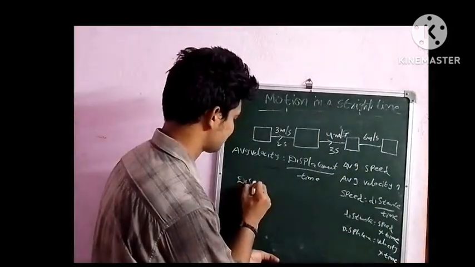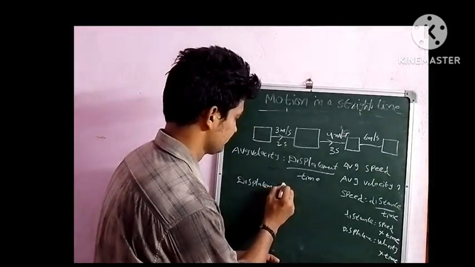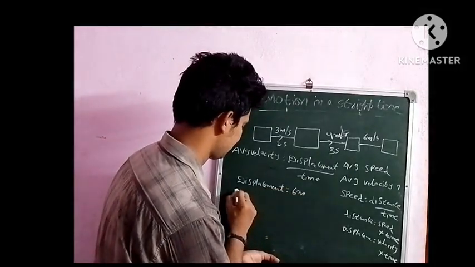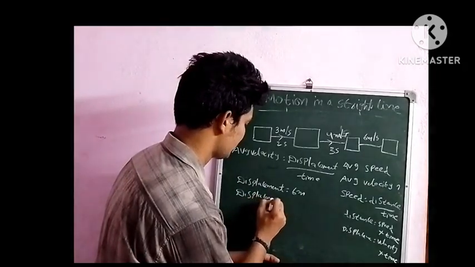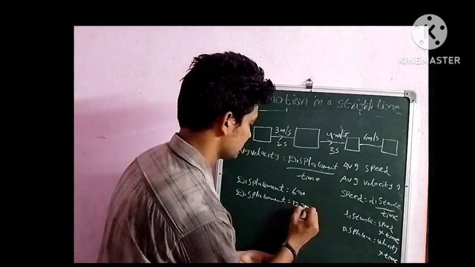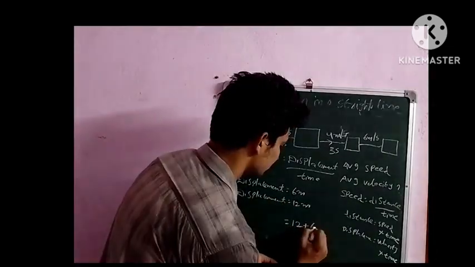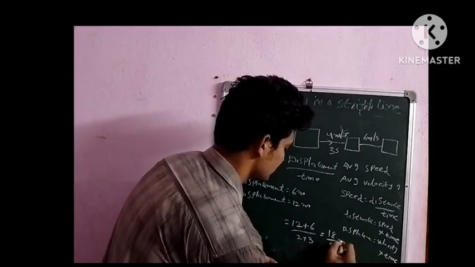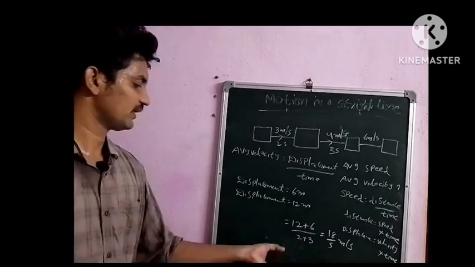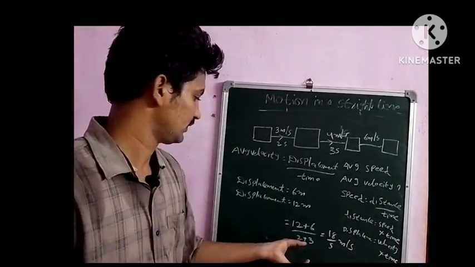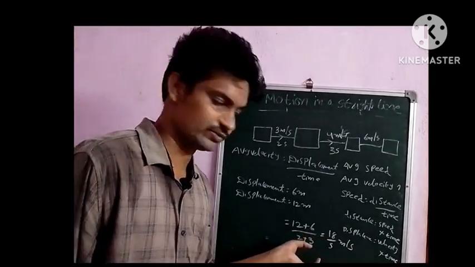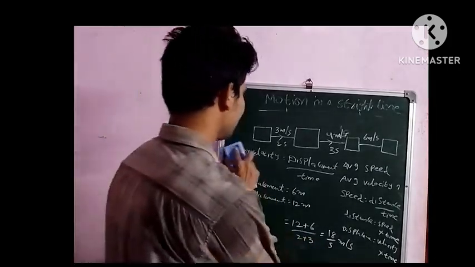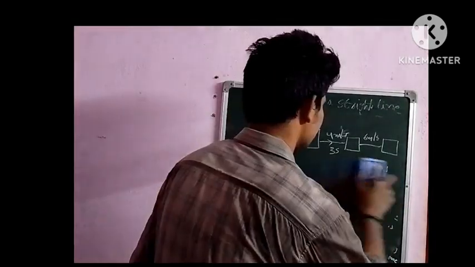The displacement is 6 meters and the other displacement is 12 meters. Total displacement by total time: 12 plus 6 over 2 plus 3, totally 18 by 5 meter per second. This is the average speed and average velocity.